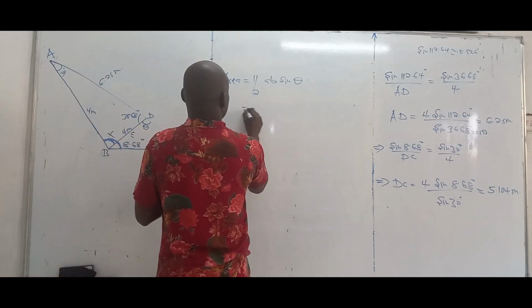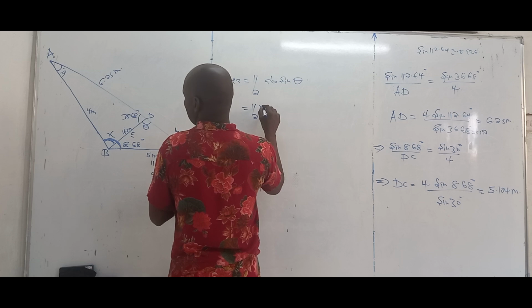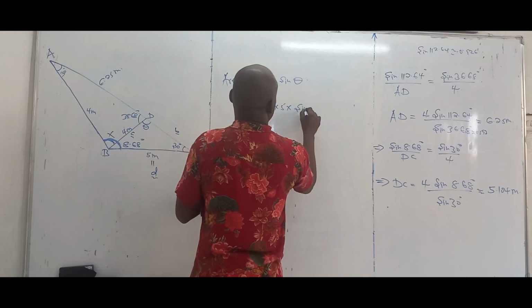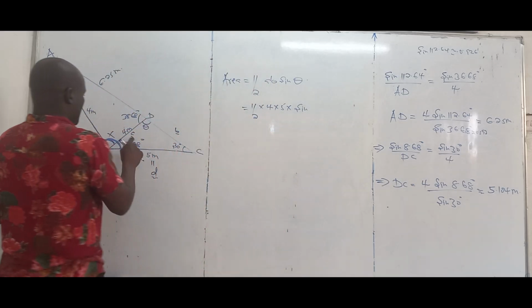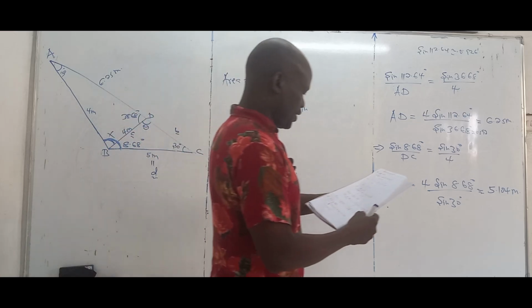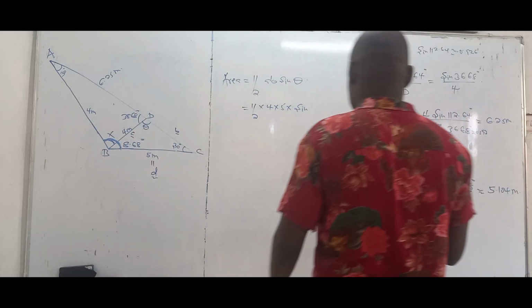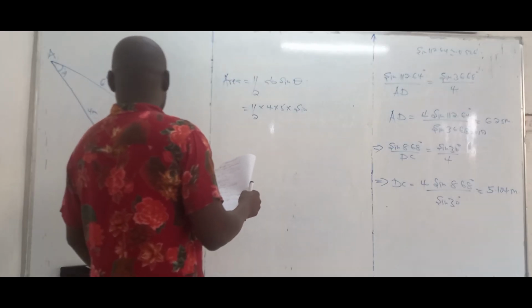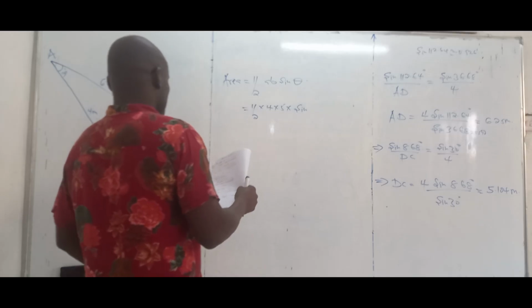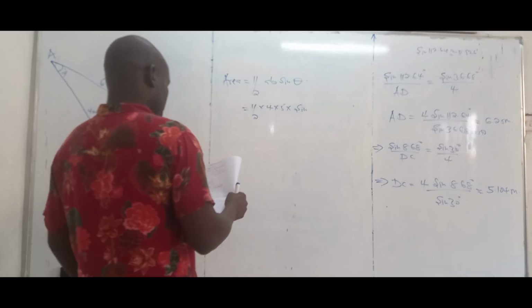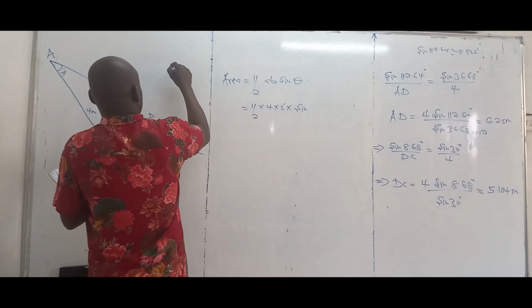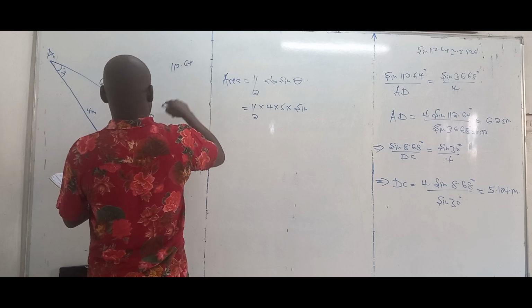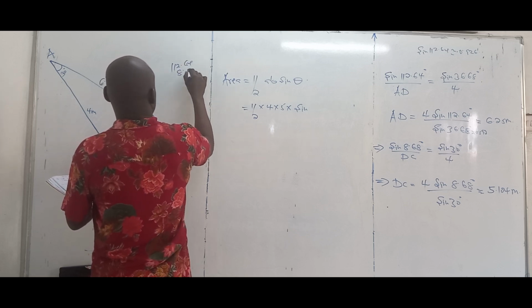So that gives me half times 4 times 5 times sin of, add this to this, 8.68 plus X. X we found to be 112.64, plus 8.68.